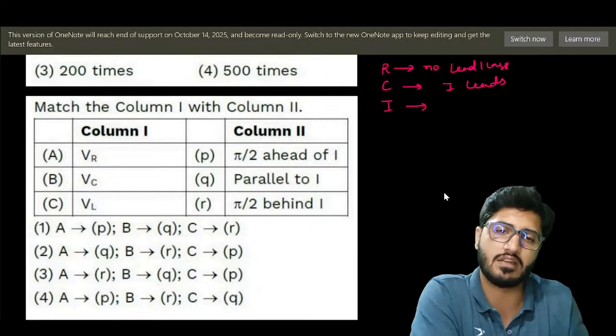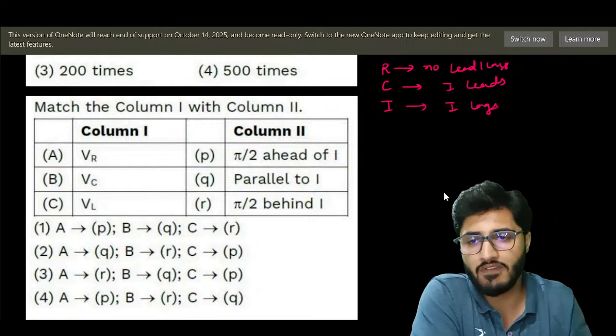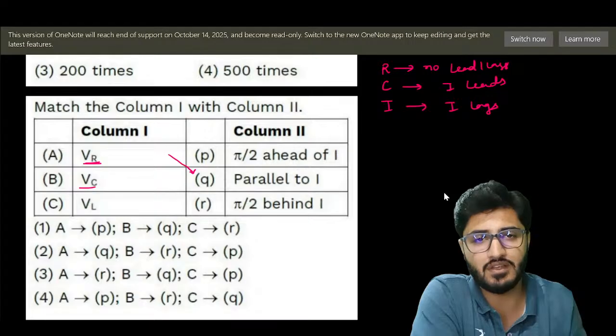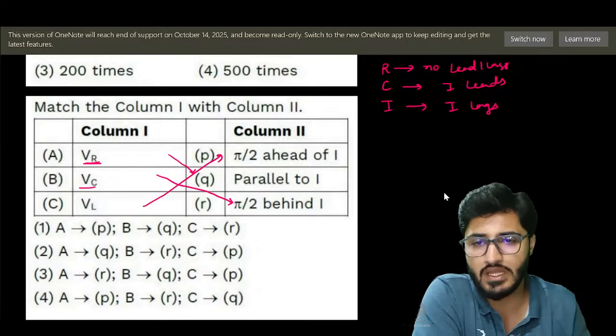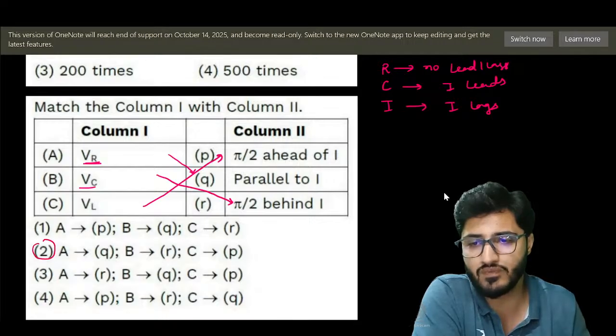In inductor, current lags. Resistor is parallel to I, so no lead or lag. VC is pi by 2 behind the current, since current leads. So this could be answer AQ.